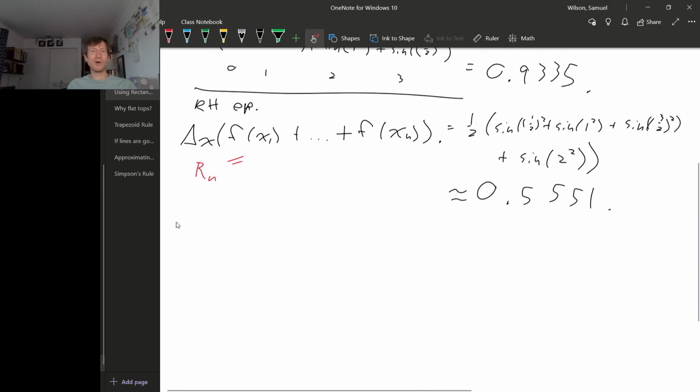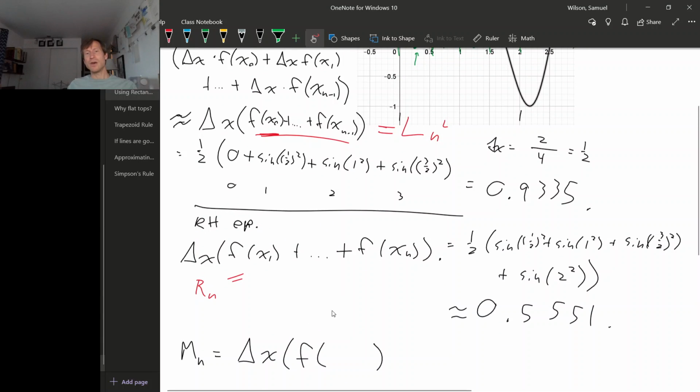Okay, so for midpoints, we would call this M sub n. The width of each rectangle is still delta x, but the tricky thing about using midpoints is we can't use the same x values as we had before.